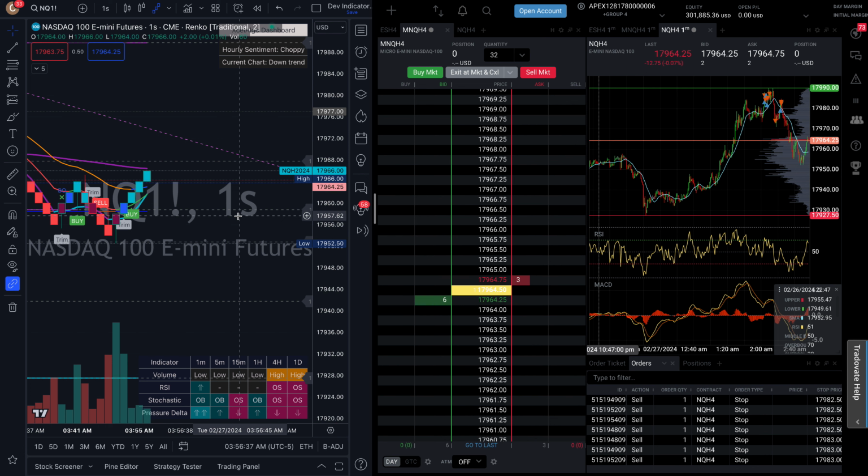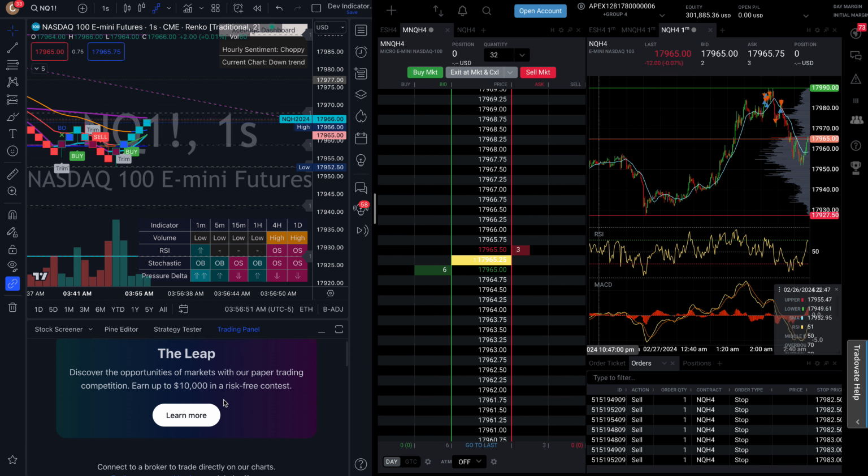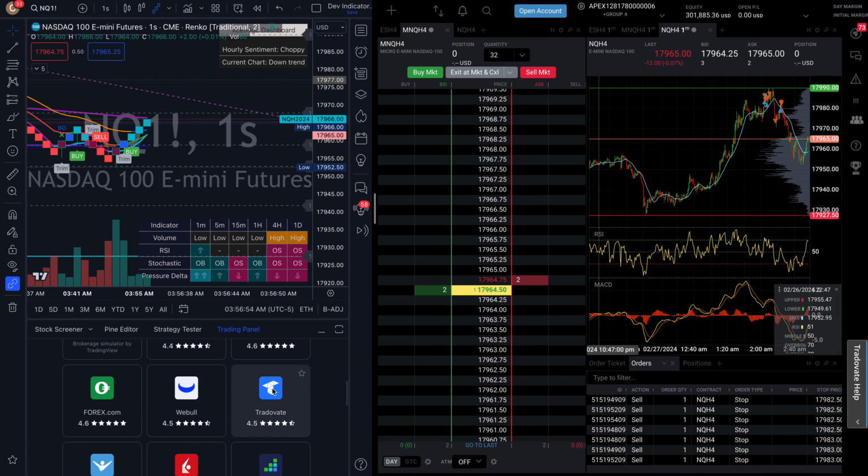So here I did want to mention, normally you can integrate Tradovate into TradingView and you can take your trades there. If you go to the trading panel here, you can log in to Tradovate and take your buys and sells here. It's really nice.